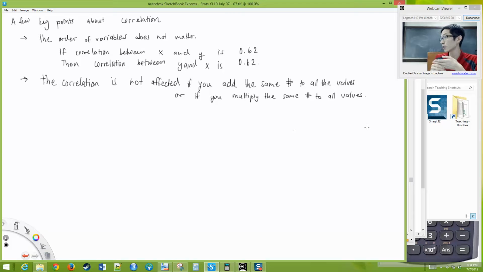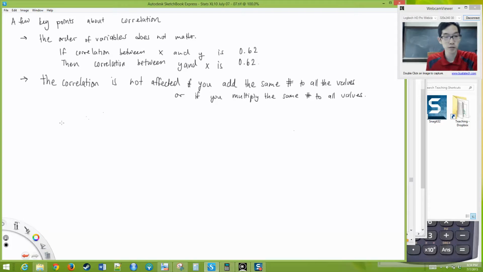Would our correlation change? Let's say the correlation between Fahrenheit temperatures and people at the beach was 0.6. Converting it to Celsius doesn't change that correlation. We've added and multiplied all of the numbers, but the relationship between temperature and number of people at the beach is not affected.